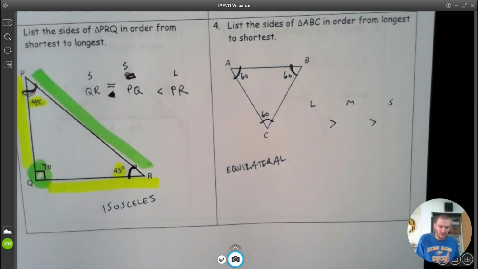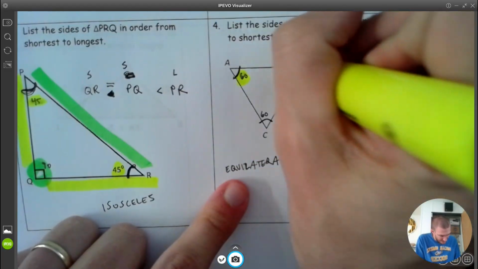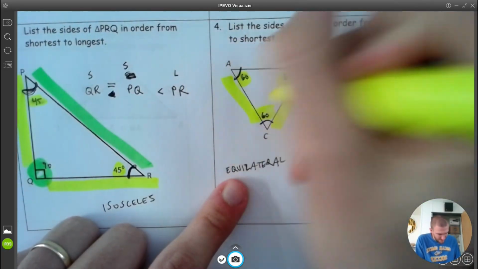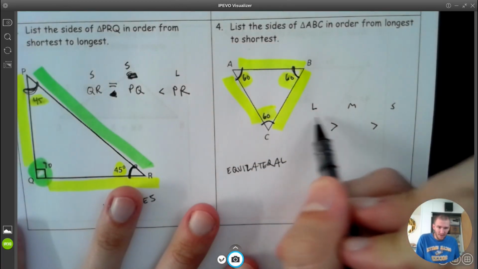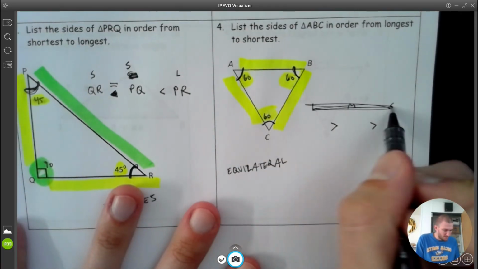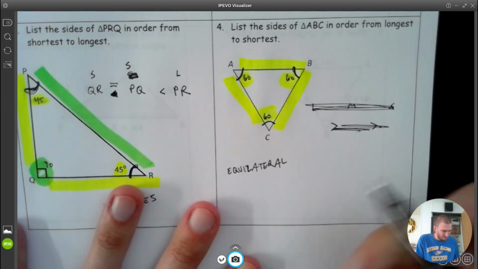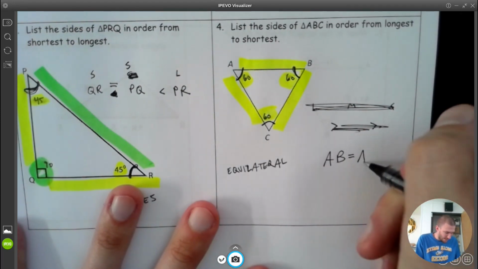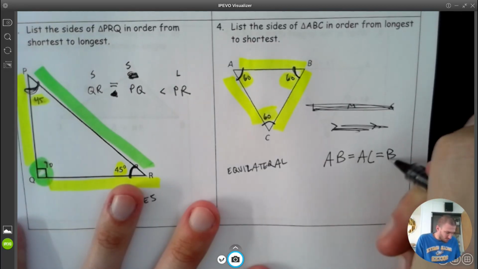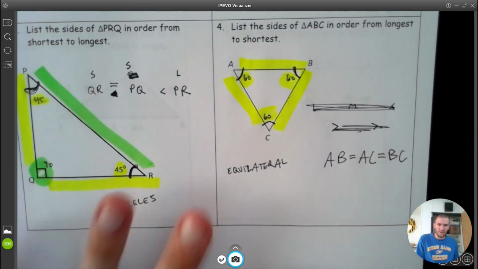All the sides are equal. Okay, I mean, we have 60 and 60 and 60. They're all equal. I'm not going to have large, medium, small. And I'm not going to have greater than. I'm just going to have AB is equal to AC is equal to BC. They're all the same.